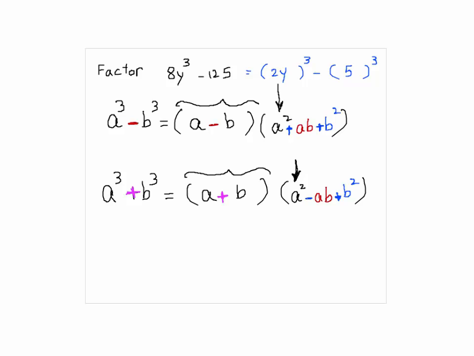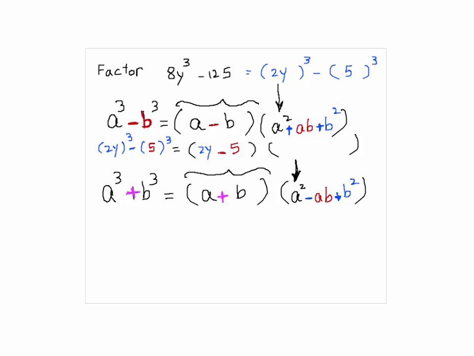So in this case, my a is 2y, and my b is equal to 5. If I just follow this formula, everywhere you see a, you substitute 2y. Everywhere you see b, you substitute 5.